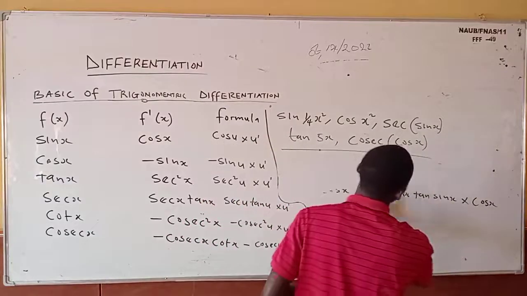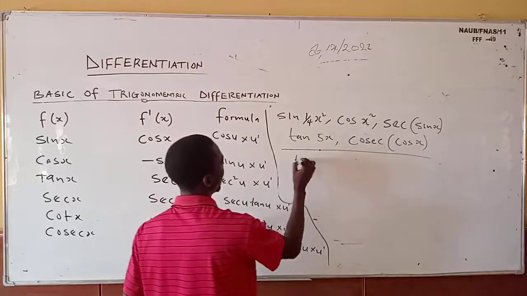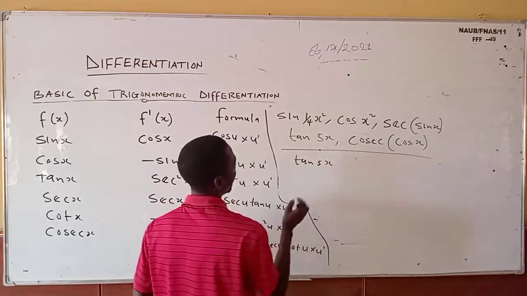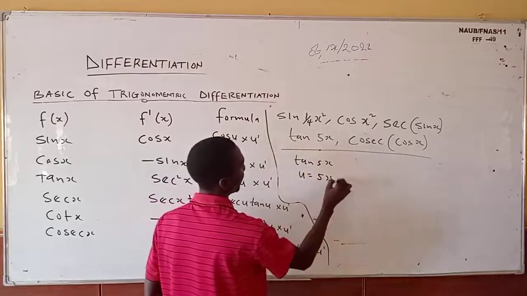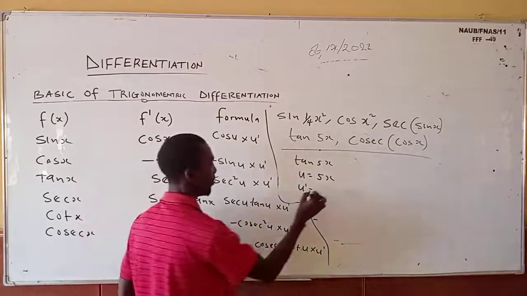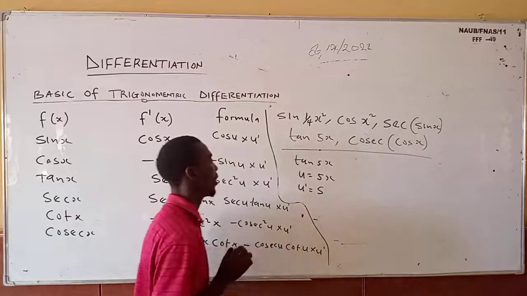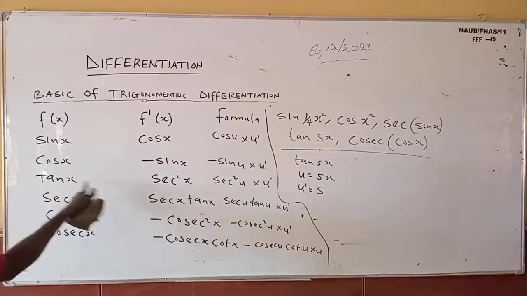So now the next one is tan 5s. Your u will be equal to 5s, and your u prime, if you differentiate 5s, is 5, right? So now go to your tan table. If I differentiate tan s, I'm going to have sec squared s.